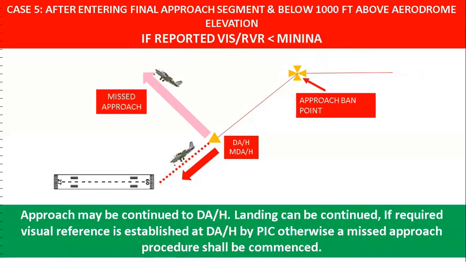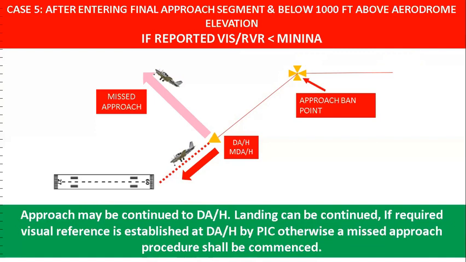Now we will consider the fifth case. Suppose we have crossed the approach ban point. So up to what height are we allowed to continue the approach? Suppose in this particular case, once I have crossed the approach ban point and I am descending, I have received a report from the air traffic controller that reported visibility or RVR is less than minimum.